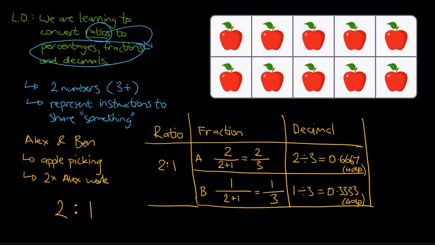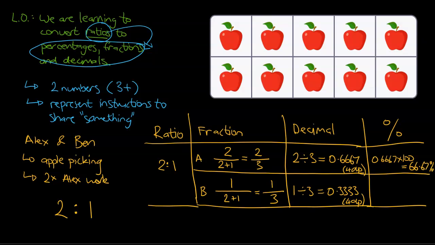So now that I've got the decimal, the very final piece of the puzzle is percentages. And the percentages, if you remember, it's going to be the decimal number times by 100. So we're going to go 0.6667. We're going to go times 100, and that's going to get me to 66.67%.